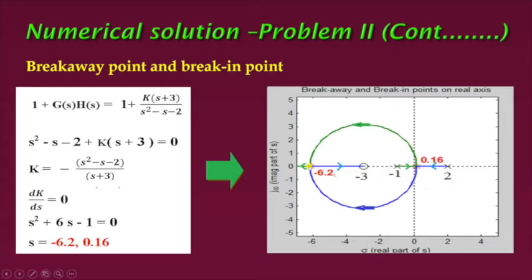This is called the break-in point. Then one root locus moves to the zero and the other moves to infinity. These root loci are symmetrical with respect to the real axis.